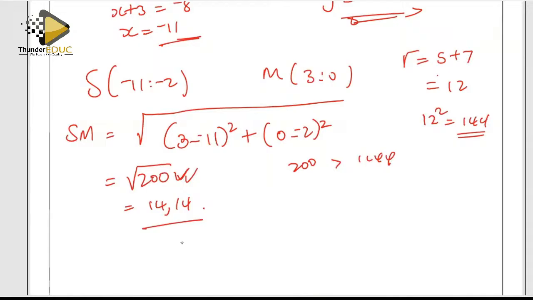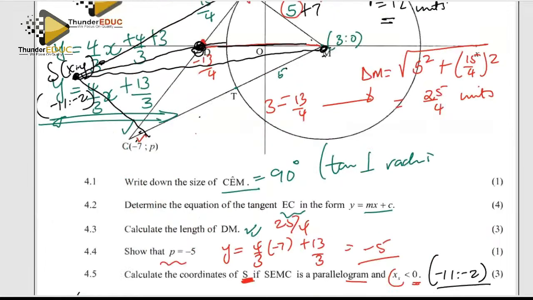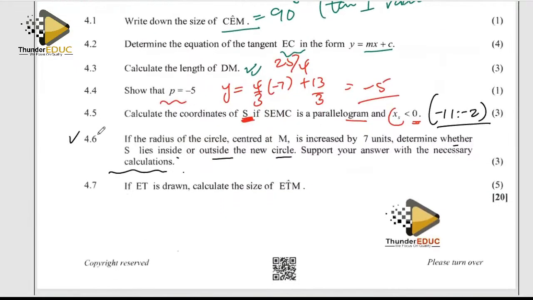Alternatively, you can say this one is still greater than the 12. Therefore, the point S lies outside of the circle. Whichever format you want, you can compare using the 200 and the 144, or using the actual values. That is how we would have gone about question number 4.6.